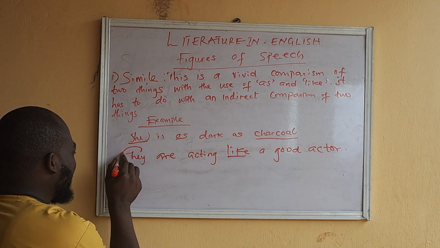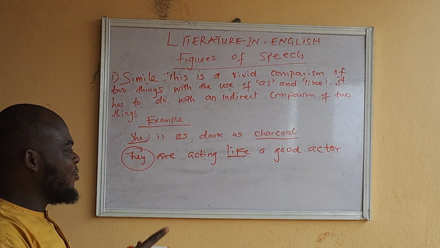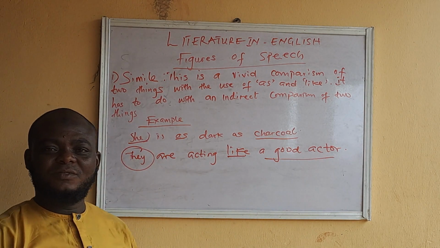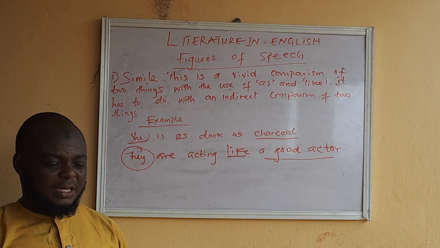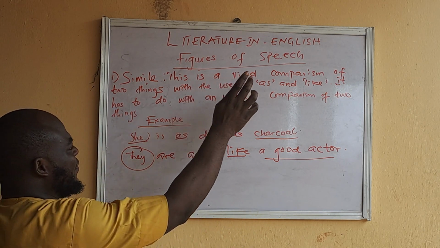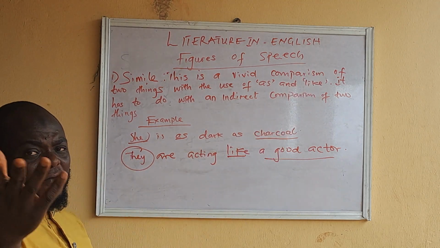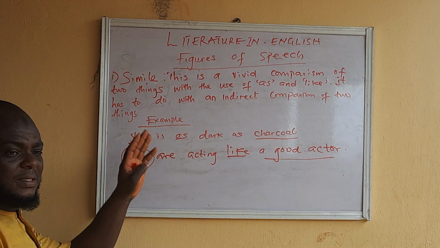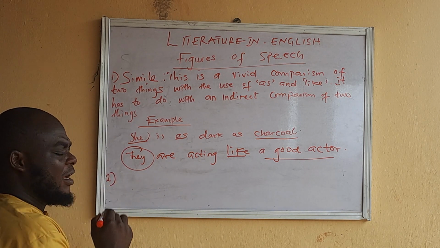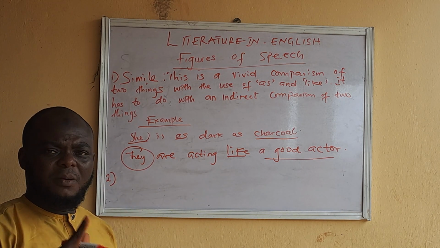We are trying to compare a group of people with a good actor. That is simile. When we are trying to compare two things with the use of this and more of them. Now, that is simile. Now, let's move to another figure of speech, which is metaphor.